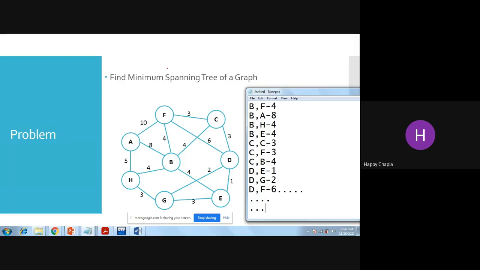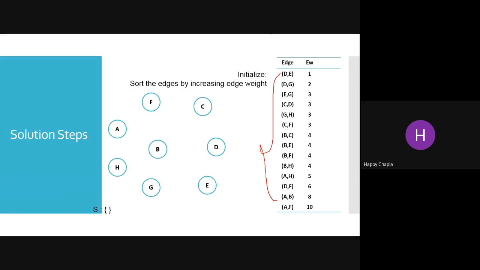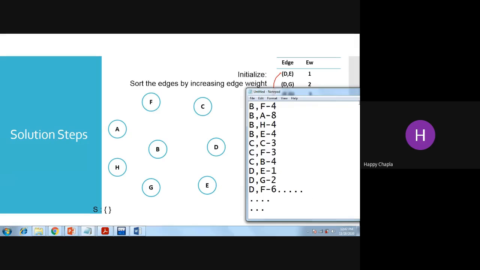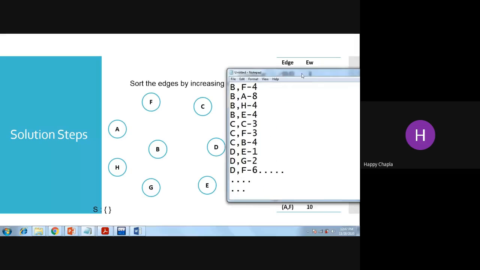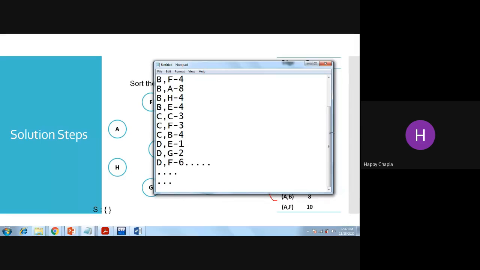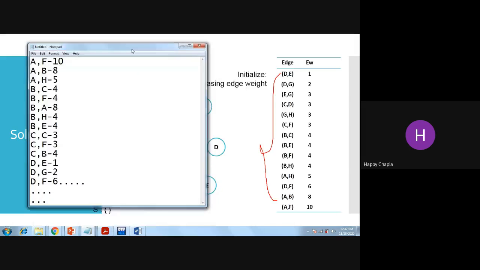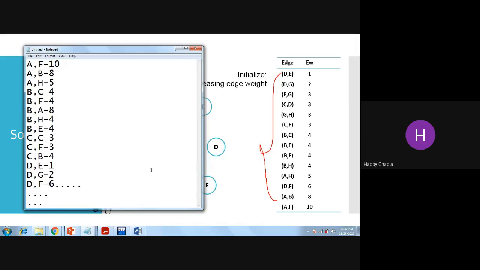So now you can see over here we have this many connections with us. Now after this, if we have made the entry of every node with the adjacency list, what we are trying to do is sort it into a particular order, ascending order.